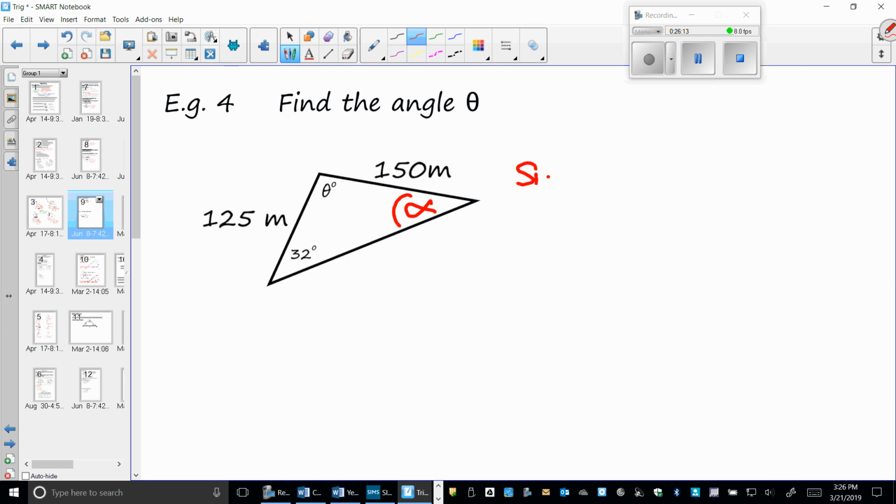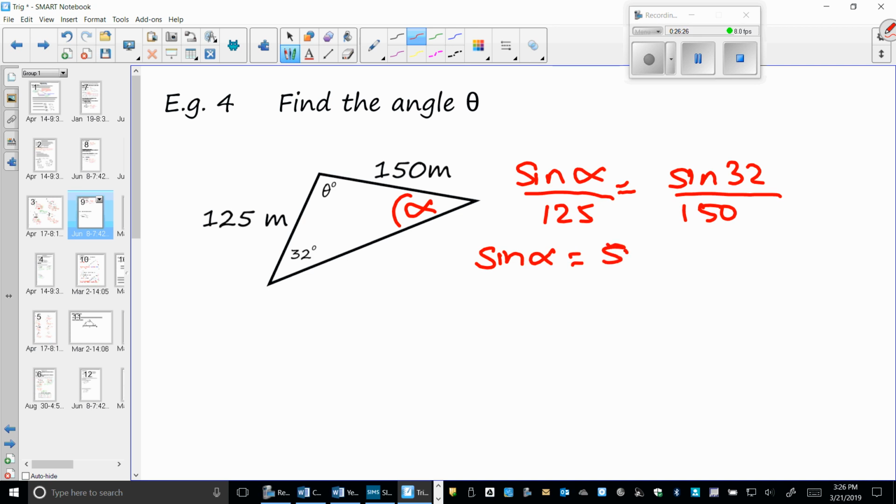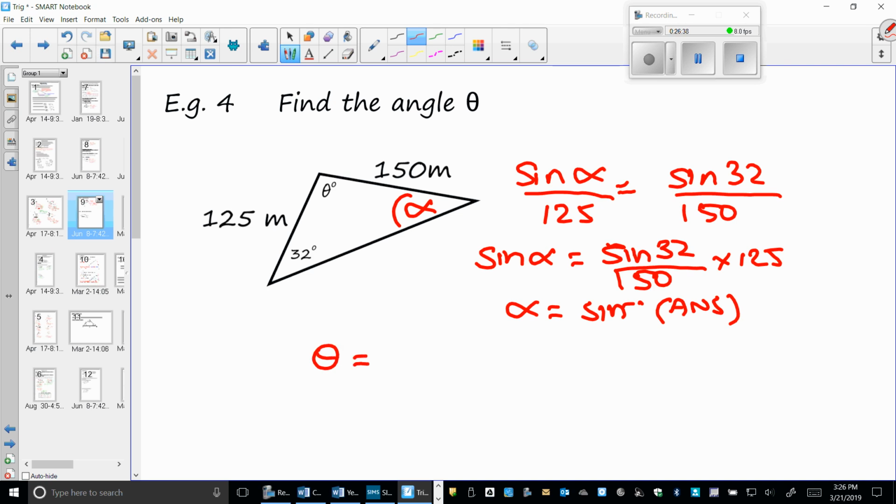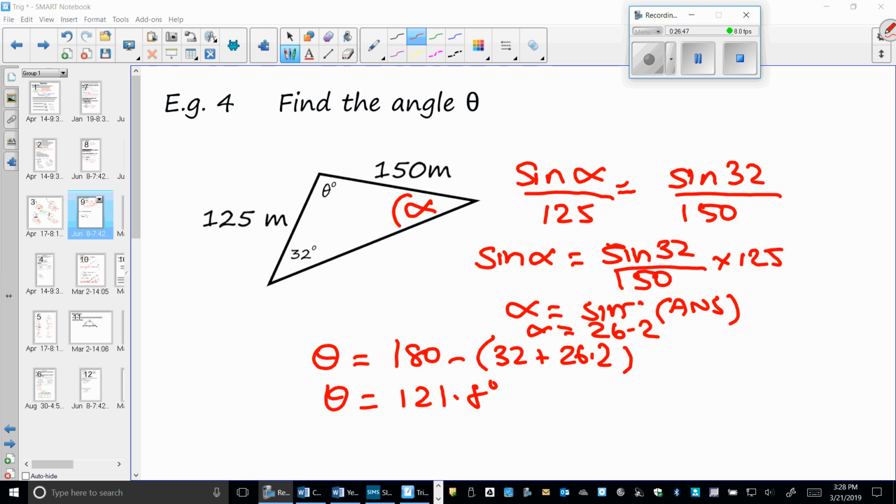So we've got sine of that angle over 125 is equal to sine 32 over 150. Okay, so there's that one there.